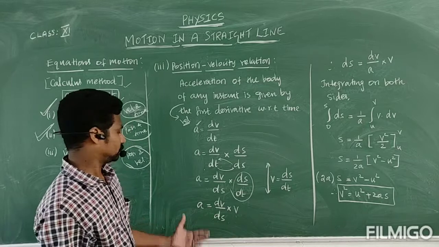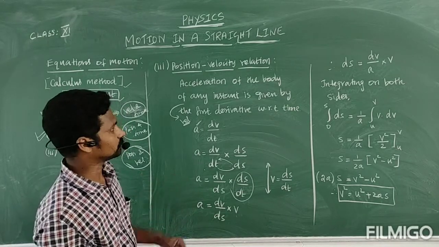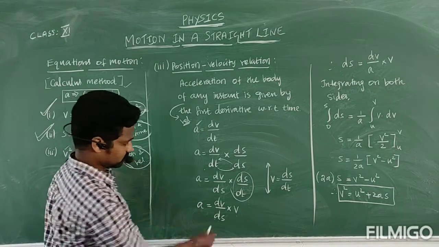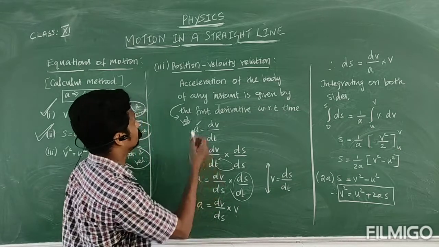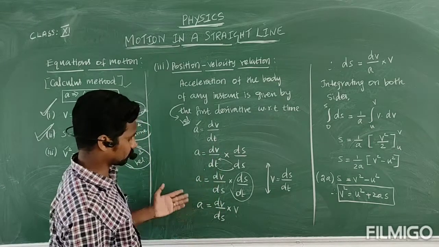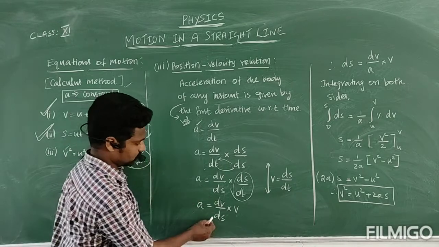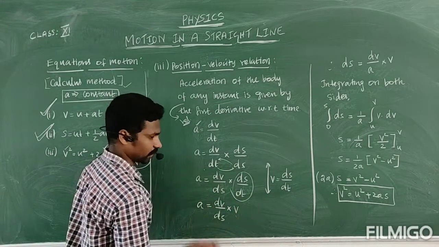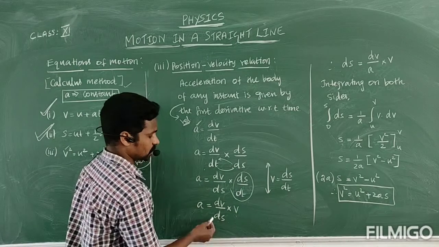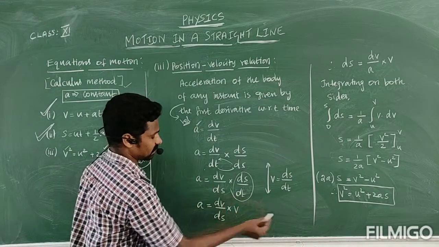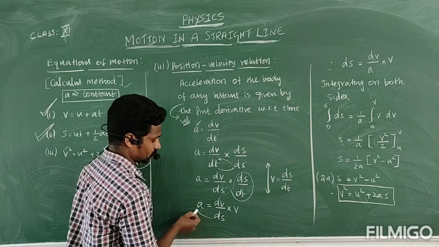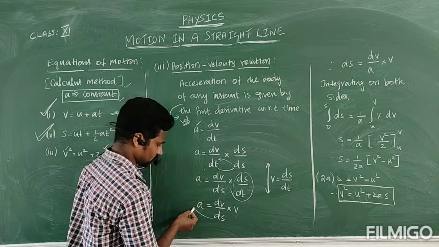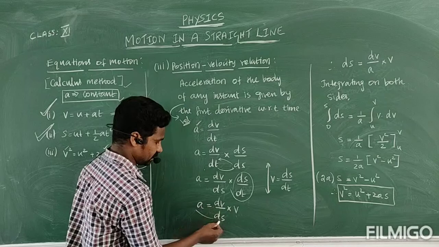Then the next one, ds. Because generally v square equals u square plus 2as, let's take the velocity term alone on the right side. So ds is equal to v dv divided by a.